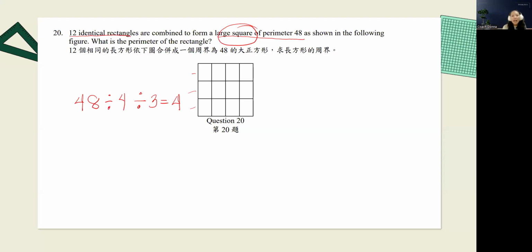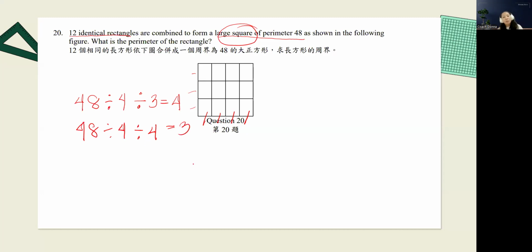Divided by 3, you'll have 4. Now, let's have 48 divided by 4 still, because again, we have 4 sides of a square. Then divide it by 4 this time, because we have 1, 2, 3, 4. So 48 divided by 4 divided by another 4, you would get a 3.